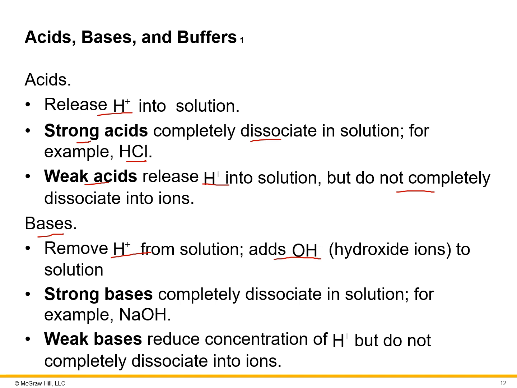Same idea here, strong bases are going to completely dissociate, so they have major impacts on the pH, like sodium hydroxide. In water, the sodium ions come off, the hydroxides completely separate from each other. So again, we cause major shifts in pH. Whereas weak bases only partially or incompletely dissociate into their ions.